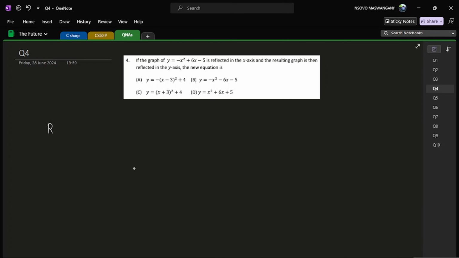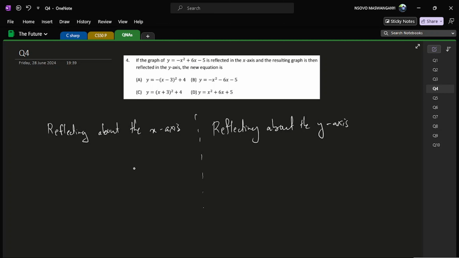This part we will write reflecting about the x-axis, and here we're going to say reflecting about the y-axis. Right, let's say for example we have y equals ax squared plus bx plus c.